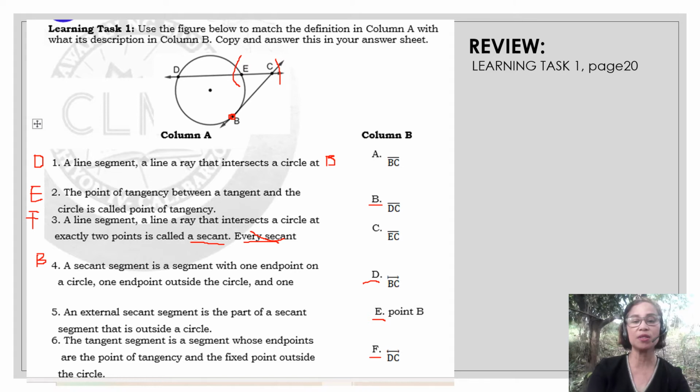So we have segment EC, letter C. And lastly, the tangent segment is a segment whose endpoints are the point of tangency and the fixed point outside the circle, which is letter A. You have segment BC. So I have answered and reviewed already learning task 1 on page 20.